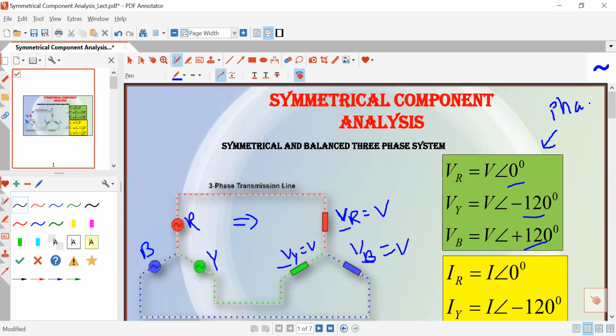In phasor form, you have to write magnitude and its angle. So these are the voltage equations for a balanced three-phase system, because here you get equal magnitude of phase voltage for each phase, and the phase difference between any two phases is 120 degrees.